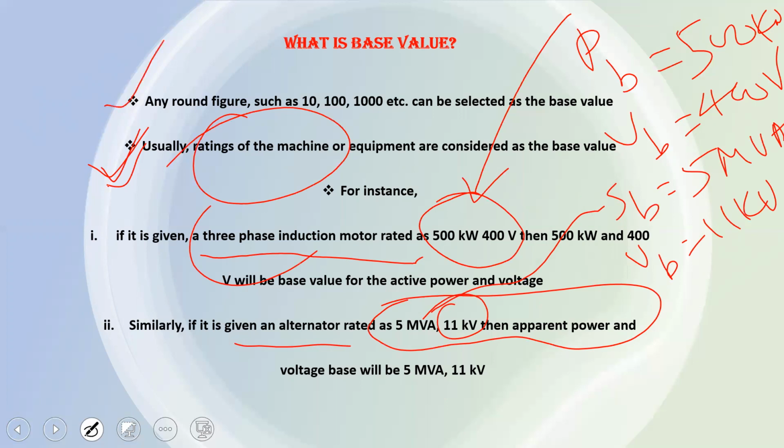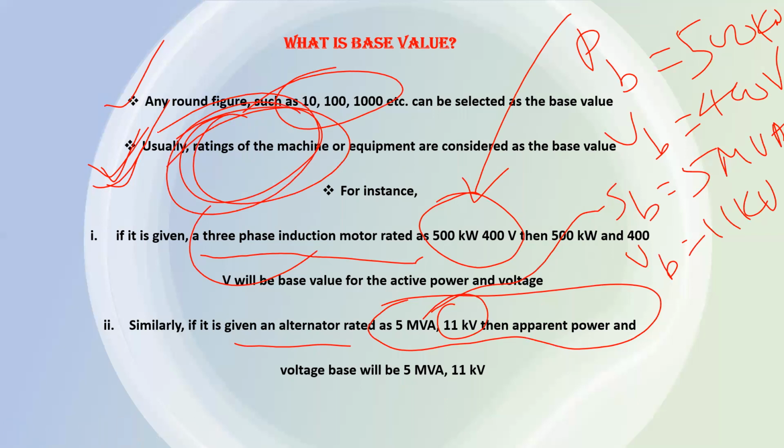Both concepts are correct. Either you can select any round figure as the base value, and on that base you can convert the given quantity in per unit, or you can take the rating of the machine as the base value, and on the rating of the machine you can convert any given quantity in per unit. So this is the concept of base value.